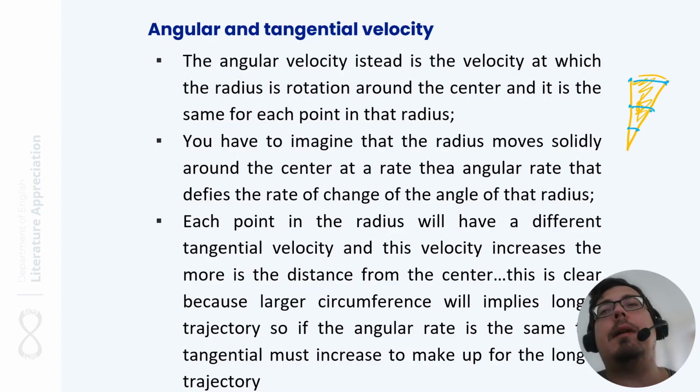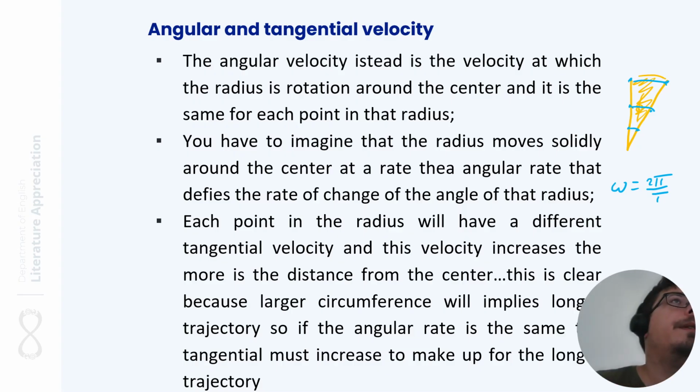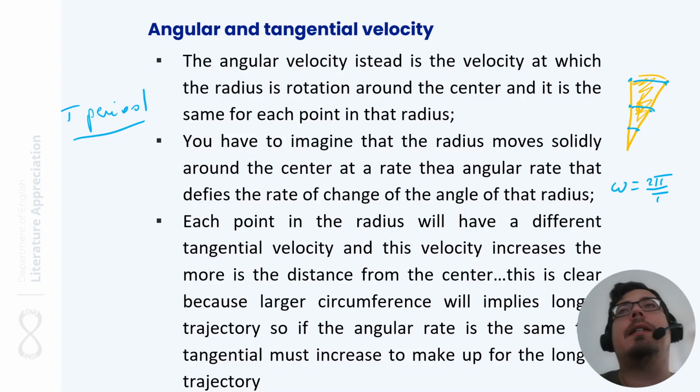So you have to bear in mind the angular velocity carries information about the rate, and actually the angular velocity is 2 pi over the period. It's the periodicity. It's important because it carries information about the period of your motion, t, but it doesn't carry information about the energy.